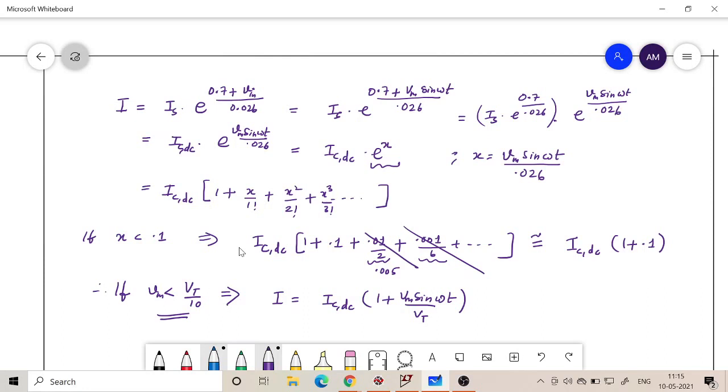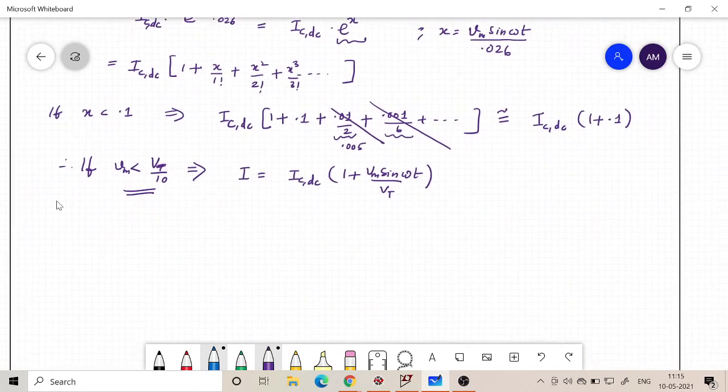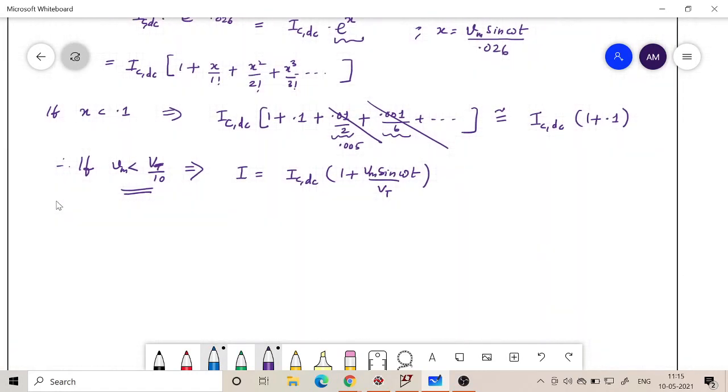So if Vm is less than Vt, where Vt is 0.026, for example something like 2.6 millivolt Vm, then we can safely write our output current, or the current source current, in this manner. That will help us to do the analysis better. So that is equal to ICDC plus ICDC by Vt into Vin.